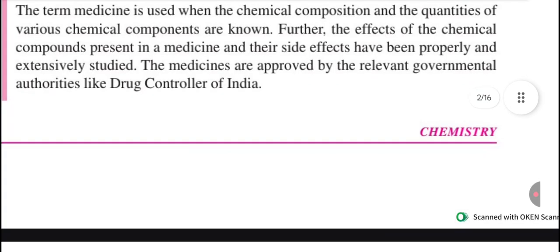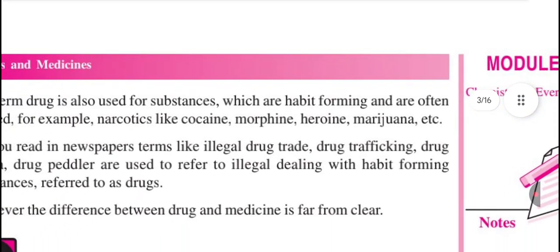The term medicine is used when the chemical composition and the quantities of various chemical components are known. Further, the effects of the chemical compounds present in the medicine and their side effects have been properly and extensively studied. The medicines are approved by the relevant government authorities like Drug Controller of India.